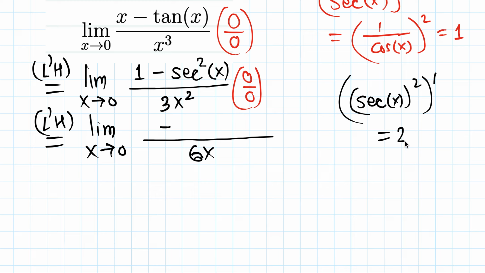So 2 secant x, but this is not only x, this is secant x. So from the chain rule, we find the derivative of the inside function here. And the derivative of secant is secant tangent.